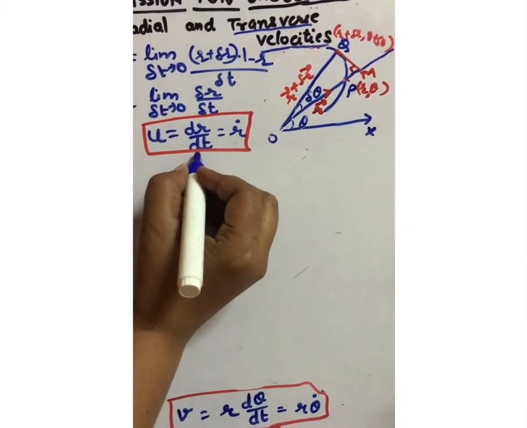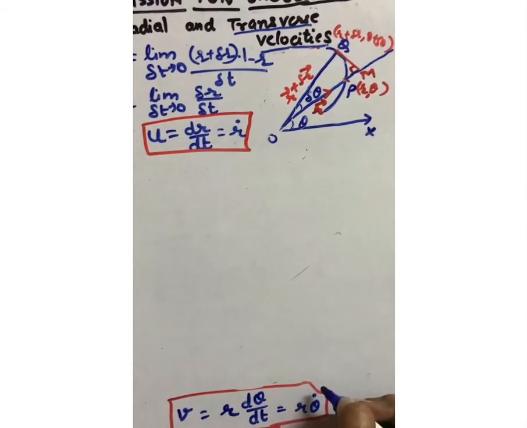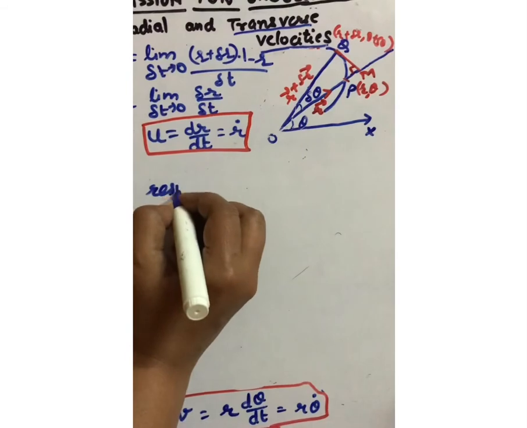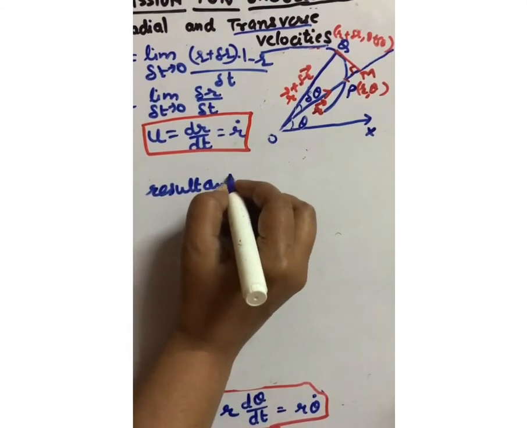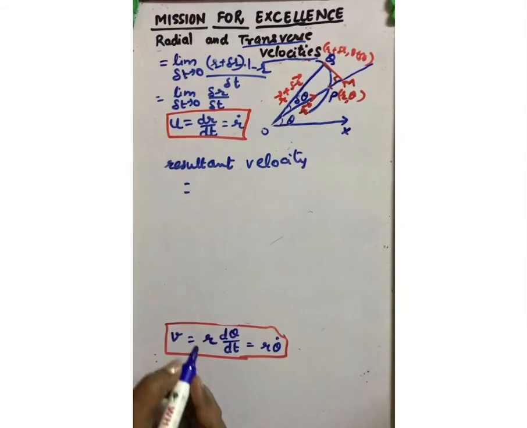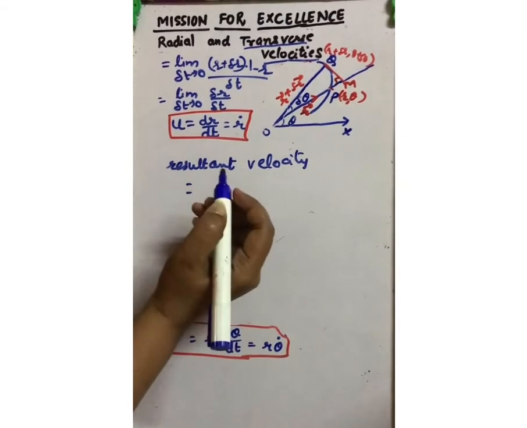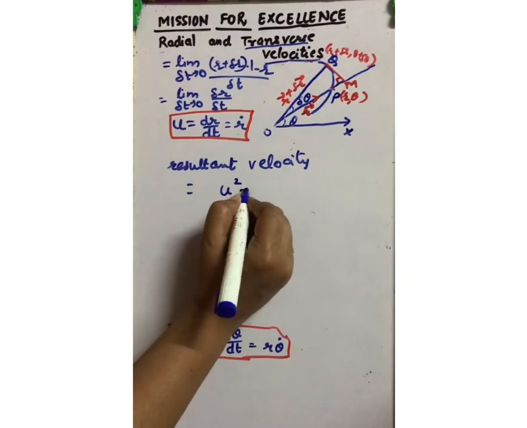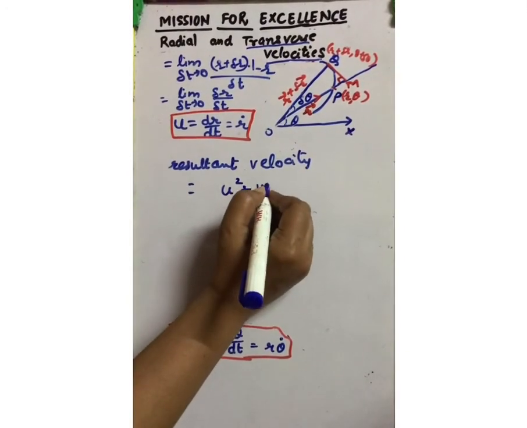Now this is the radial component and this is the transverse component of the velocity. So to find the resultant velocity, we write here resultant velocity equal to under root u square plus v square.